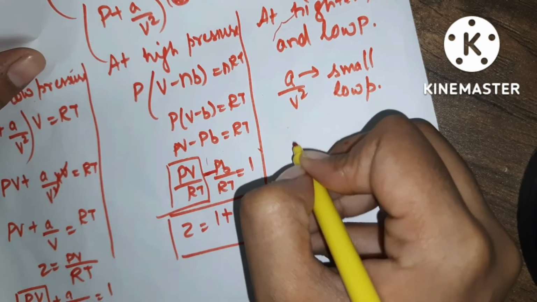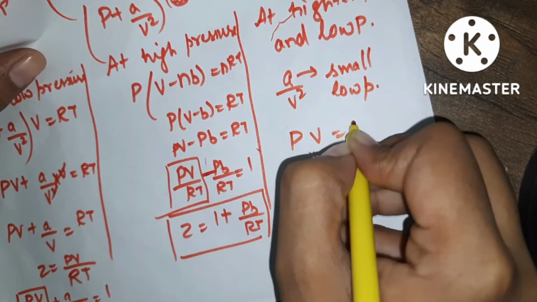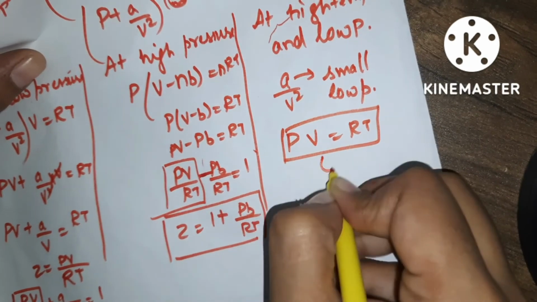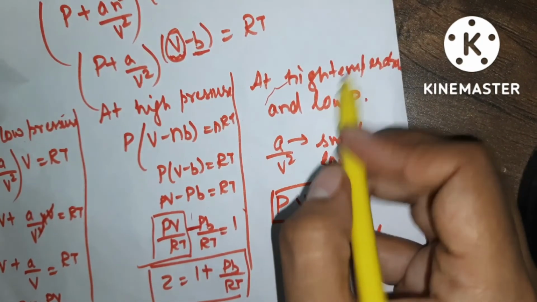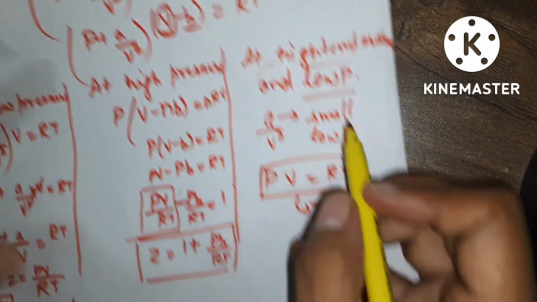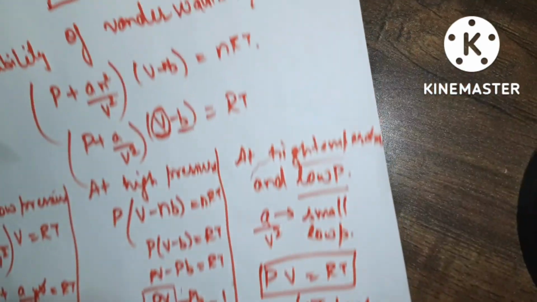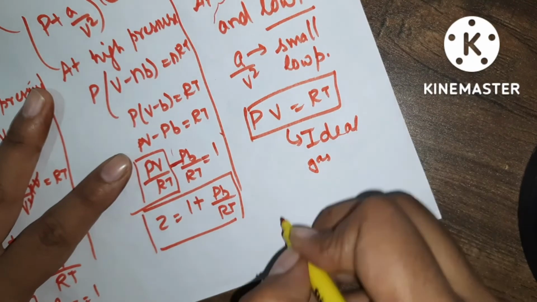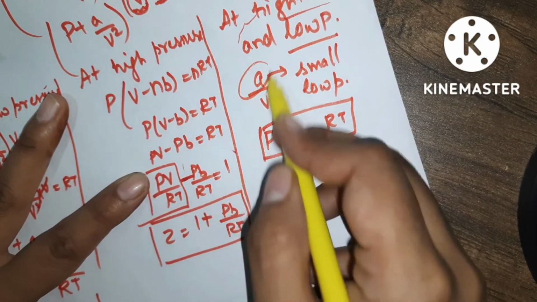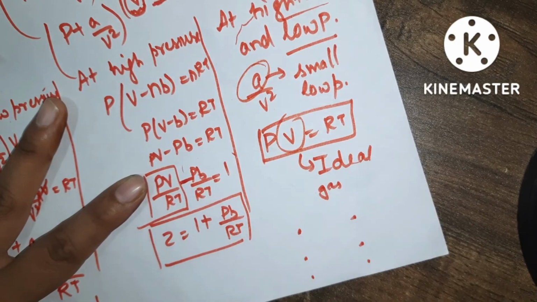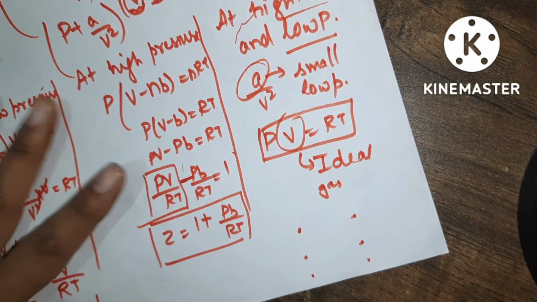So PV = RT. This is what? The ideal gas equation. I have already told you that at high temperature and low pressure, the gas molecules are far apart. There are no attractive forces between the molecules and the volume is also very large. Thank you so much for watching.